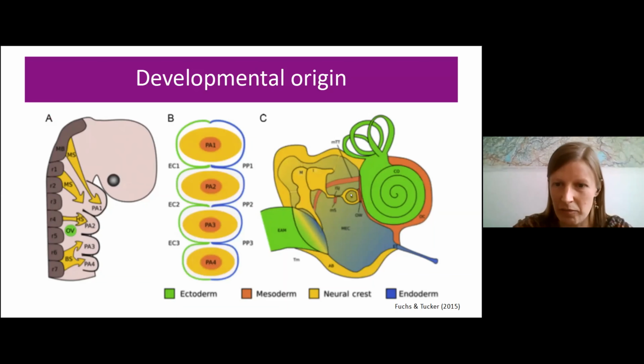Also, you have the inner ear, in green on the right side. This comes from ectodermal tissue that is located between the third and the second pharyngeal arches. So you have multiple developmental origins, and all these things are integrated to give one functional organ, the ear.